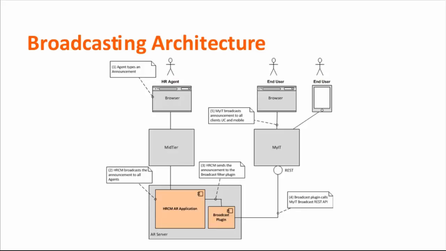And from the AR server, we have that broadcast plugin that will use the REST API to call MyIT. From MyIT, the announcement will be sent to any user who has a browser or a mobile device. So this is how the new plugin we have is used in order to help us with broadcasting.